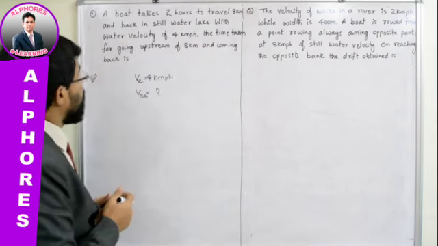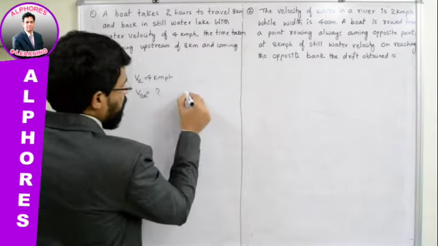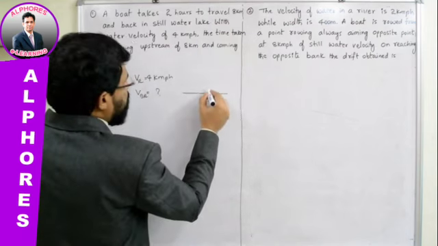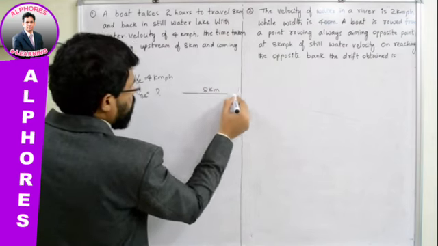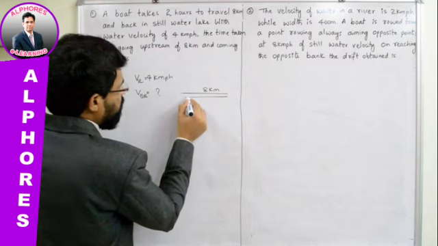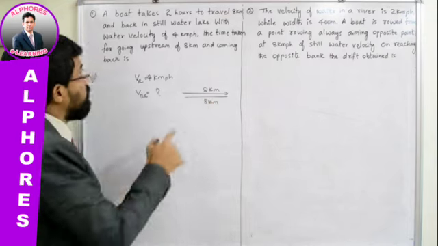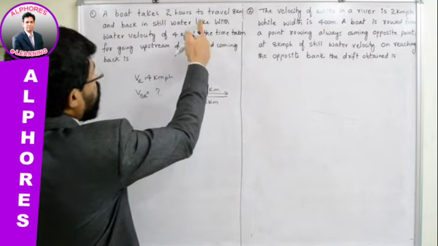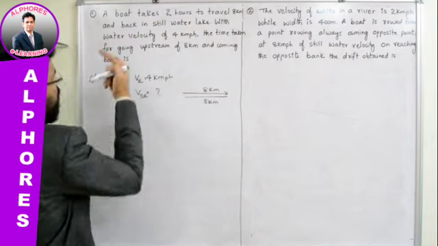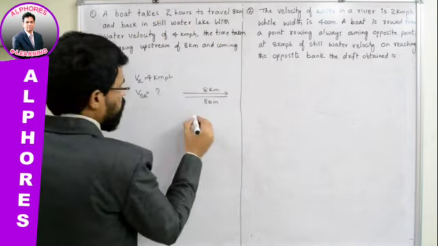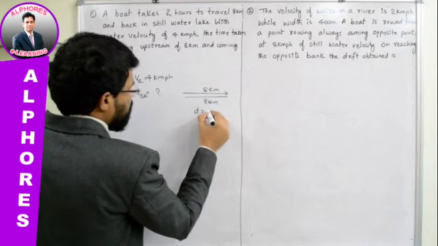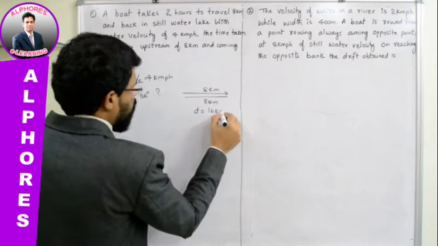Of course, right now we are dealing with a lake. Let us say in the lake, the boat has traveled a distance equal to 8 kilometers in one direction. In the opposite direction, it has traveled again 8 kilometers. The river is not flowing in this case. The boat takes 2 hours to travel 8 kilometers and back in still water lake. So what is the total distance traveled here? Total distance traveled is 8 plus 8, that is 16 kilometers.